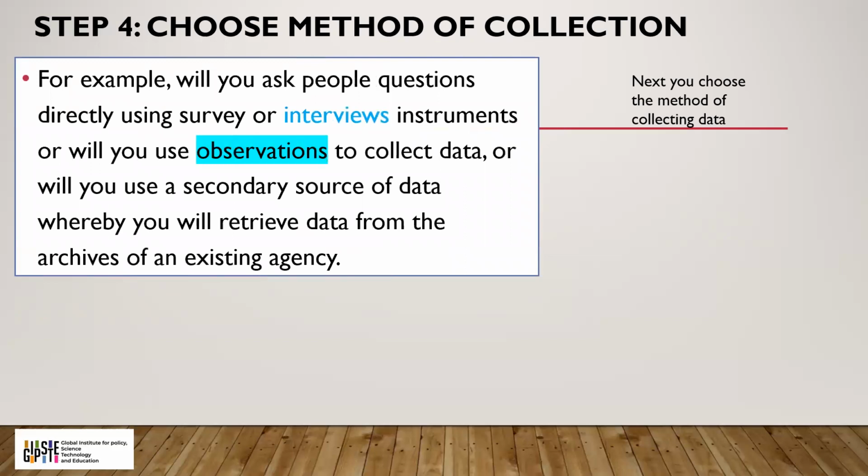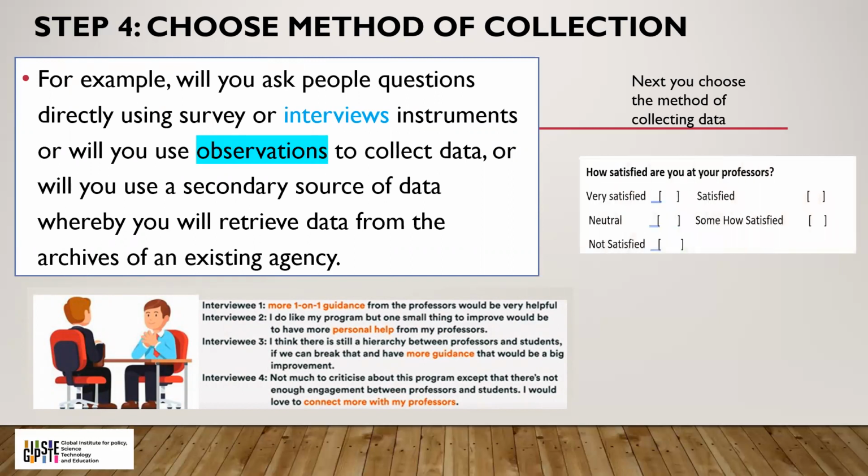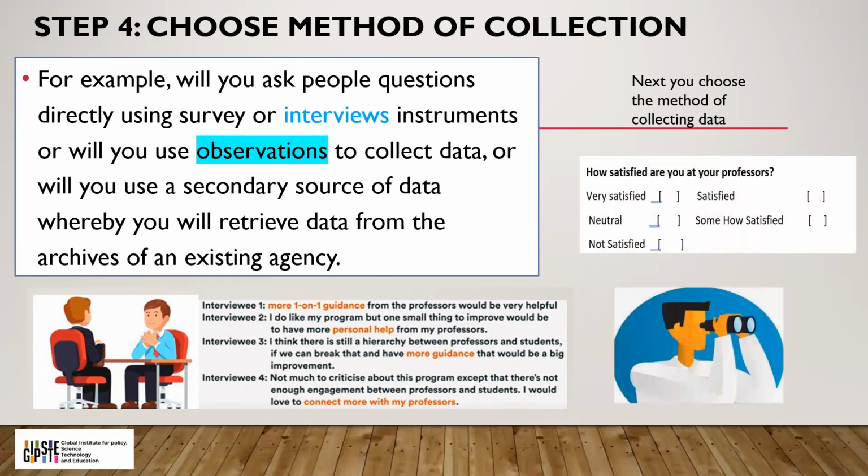For example, will you ask people questions directly using surveys or interviews, or will you use observations, or will you use a secondary source of data, maybe from the World Bank or the archives of any reputable agency that you think may have data helpful to your study, whereby you will retrieve the data from the archives of the existing agency?